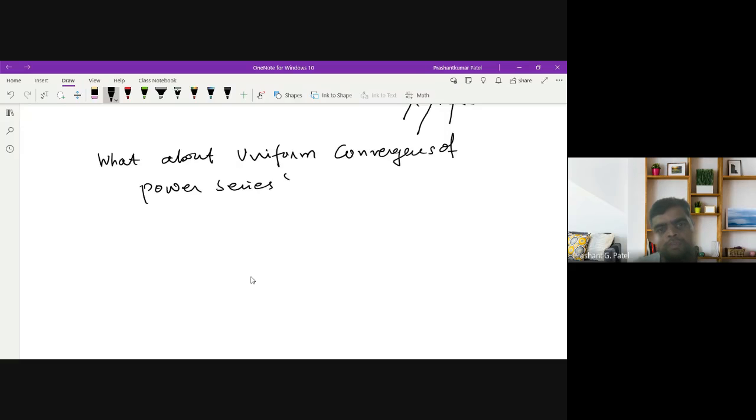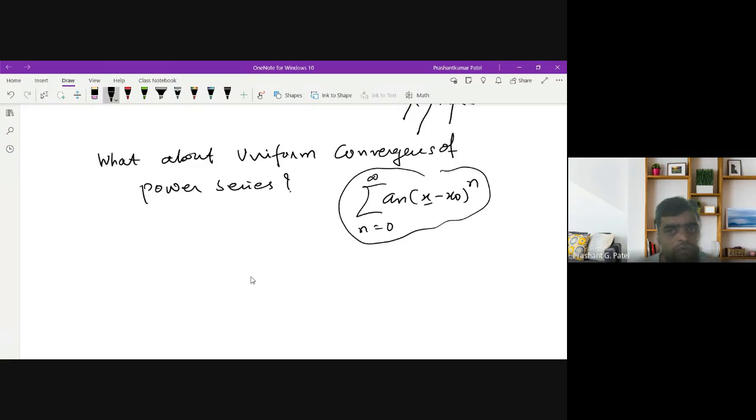We know the power series is of the form summation a_n (x minus x0) to the power n, running from 0 to infinity. It is a series of functions, and for certain values of x, this power series is convergent. So the question is, under which condition is the power series uniformly convergent?